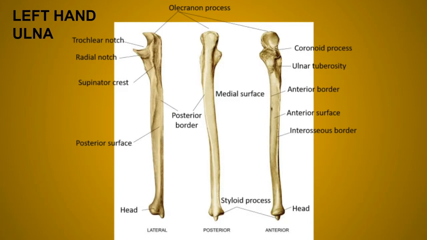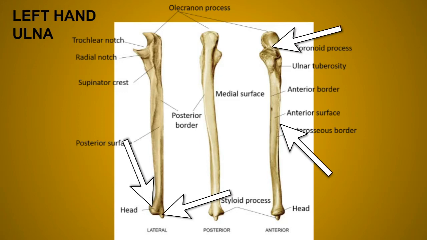I told you before that the ulna has its head at the lower end, while in the radius bone the head is at the upper end. So by this we can say that the bone on the screen is the left-sided ulnar bone.